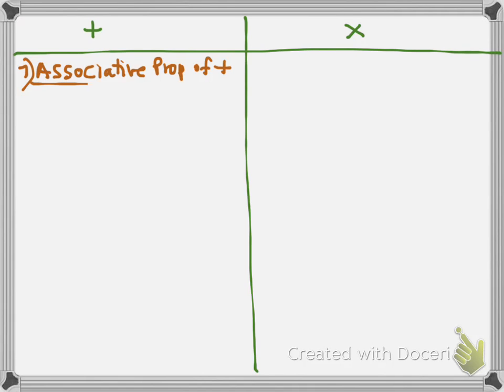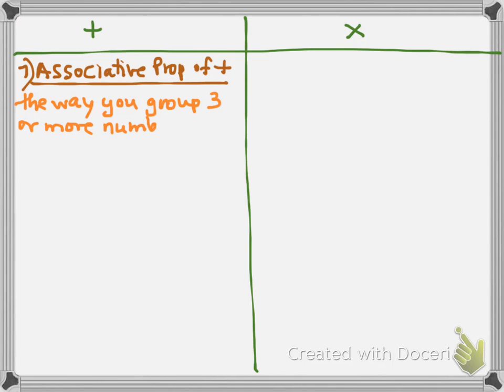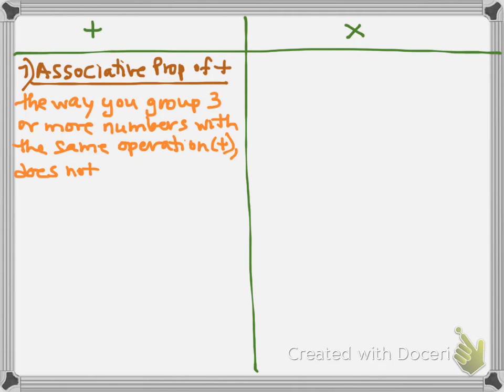of addition. Now this one I'm going to write out in words because there seems to be a wee bit of confusion on this one, so I want to make sure that we've got it down. It says the way you group 3 or more numbers with the same operation, so in our case, adding, does not change the answer.